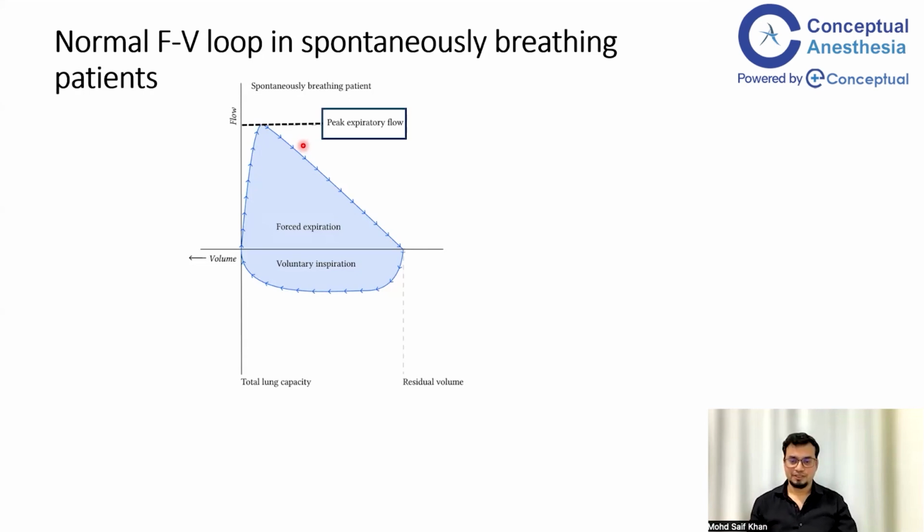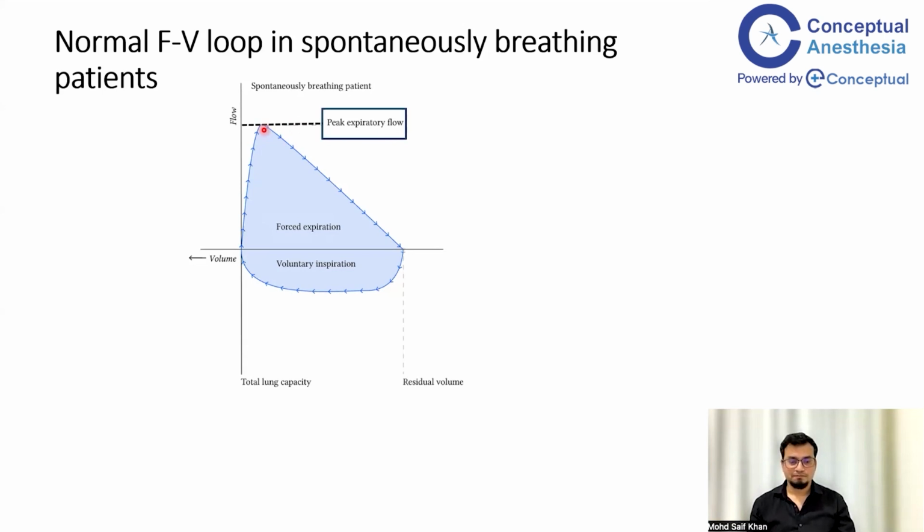Just for your reference, you can also refer to various textbooks and the internet, various review articles. It is given in a range, so 300 to 500 liters per minute or 5 to 6 liters per second is the normal peak expiratory flow rate, at this point where the flow will be the maximum in expiration.